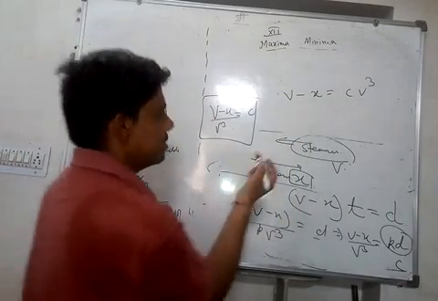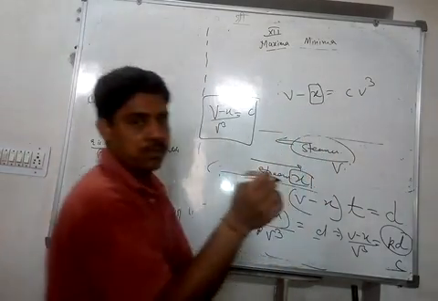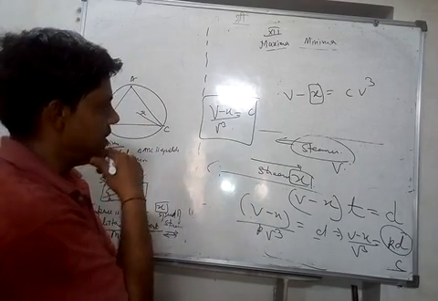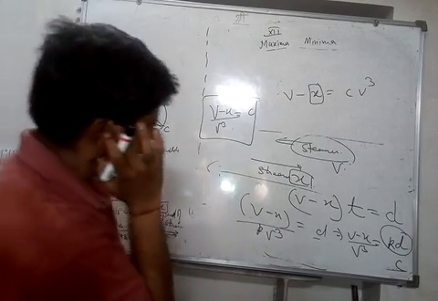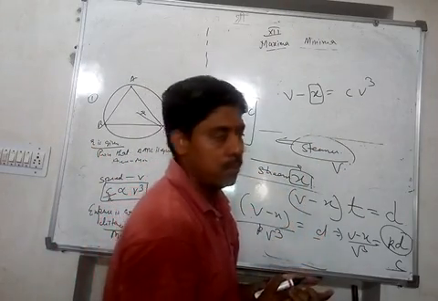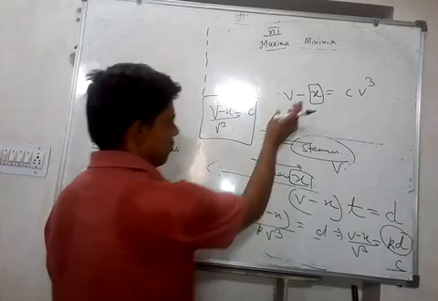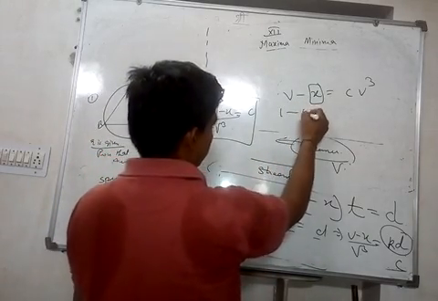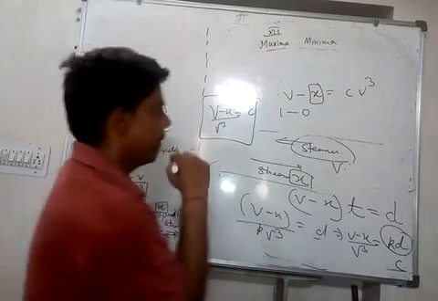And x, on the contrary, is a constant here. So if you have to maximize v, differentiate this with respect to v itself. Okay, so we'll get 1 minus 0, right?